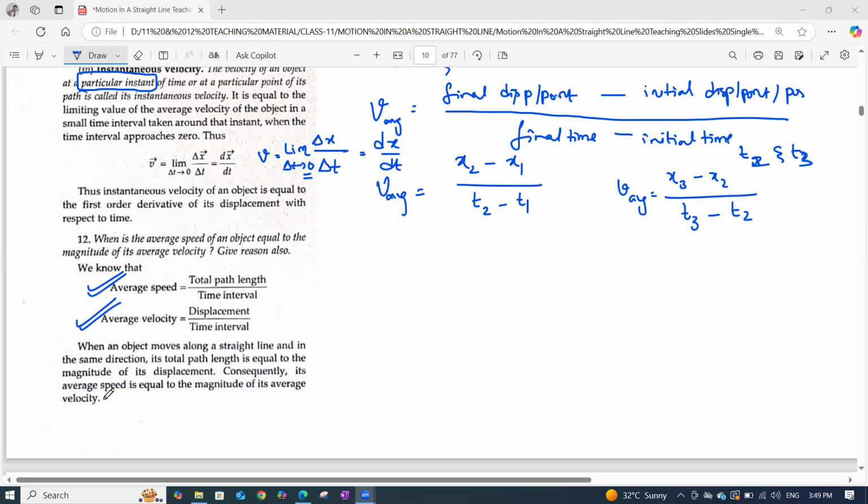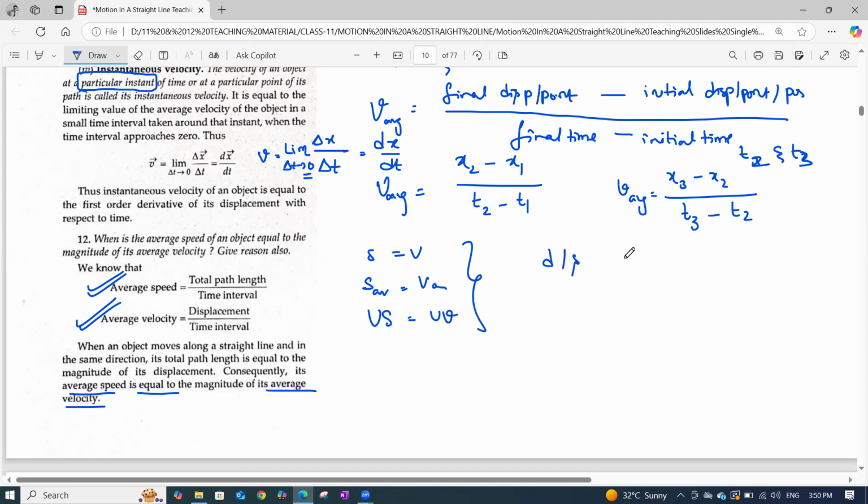So only then average speed is equal to average velocity, uniform speed is equal to uniform velocity, everything same. So from now onwards, distance or displacement, both will be mentioned with letter S. Speed or velocity, both will be mentioned with small v.